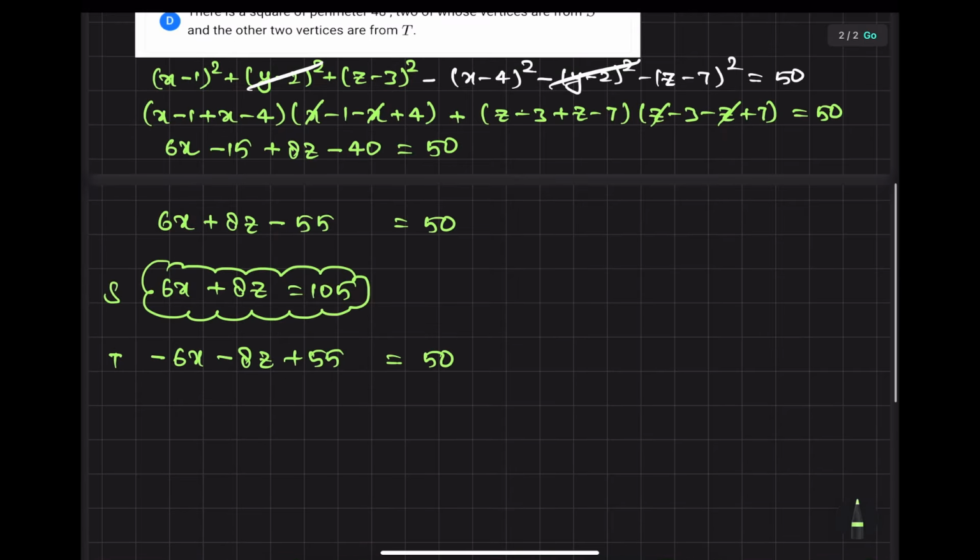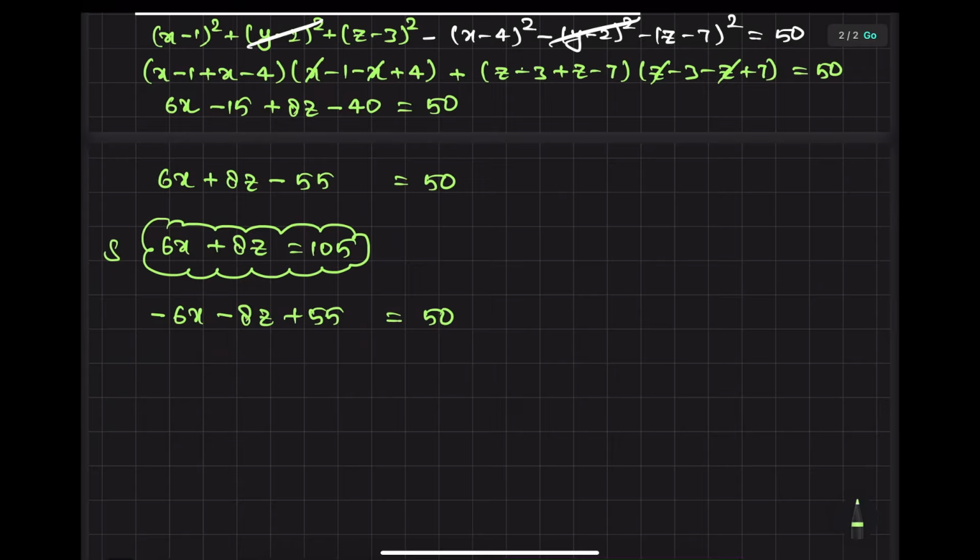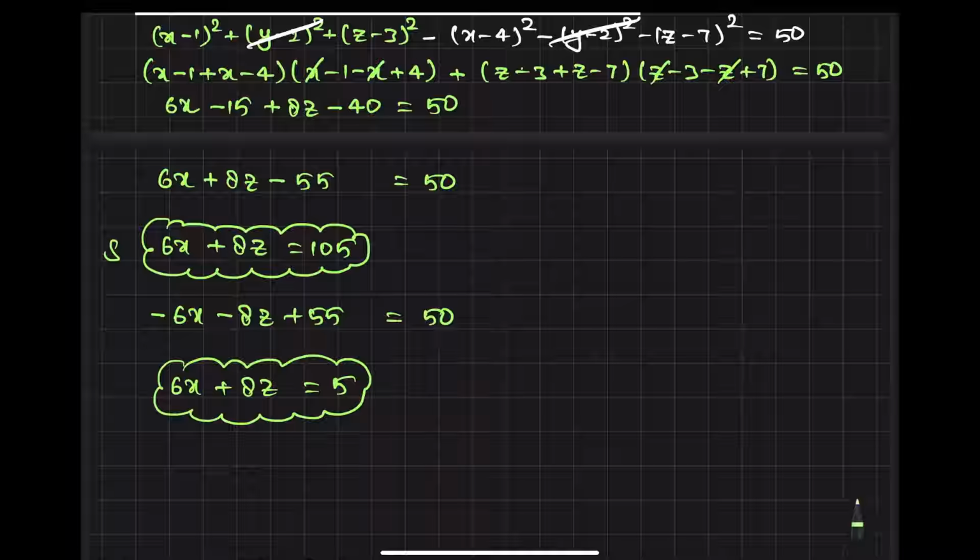Now you need to do a little bit of simplification, so this 55 goes to that side, it will become minus 5. So you can write 6x plus 8z equals 5. So this is your plane T. These two are planes and both planes are parallel as well.